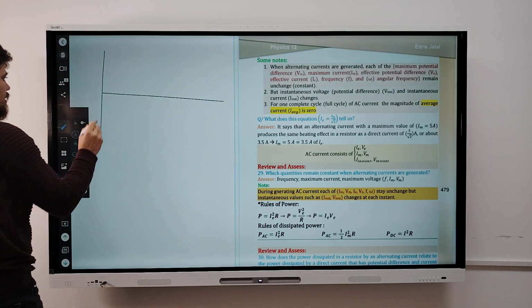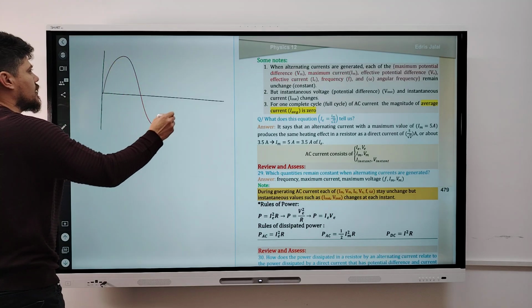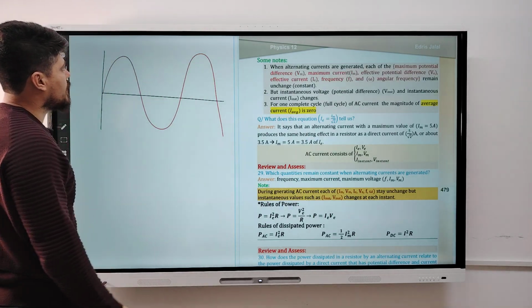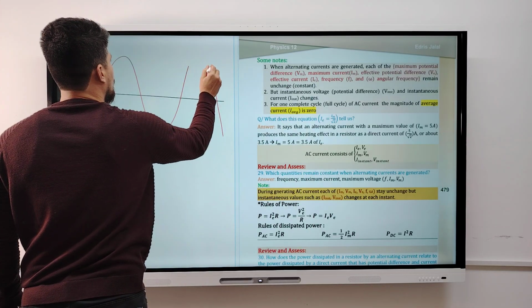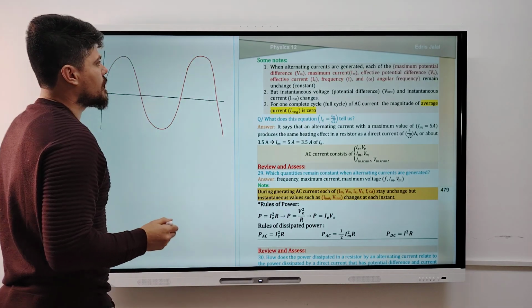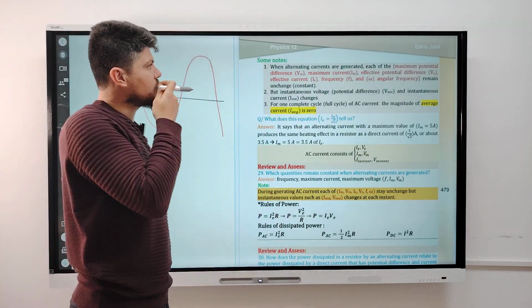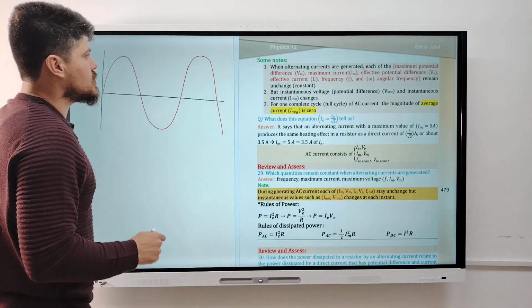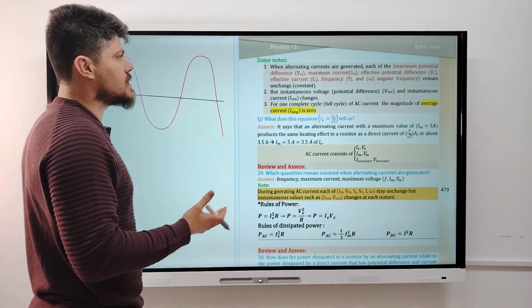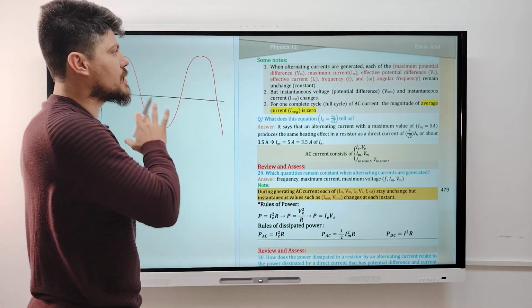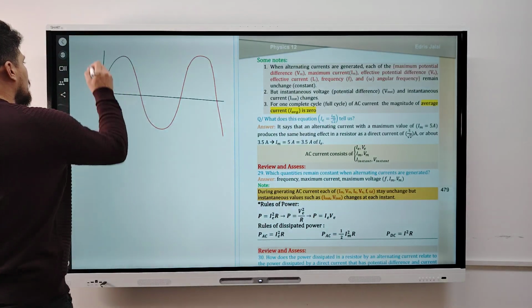This is the alternating current. When alternating current is generated, each of the maximum potential difference, maximum current, effective potential difference, effective current, frequency, and the angular speed or angular frequency remain unchanged, constant.